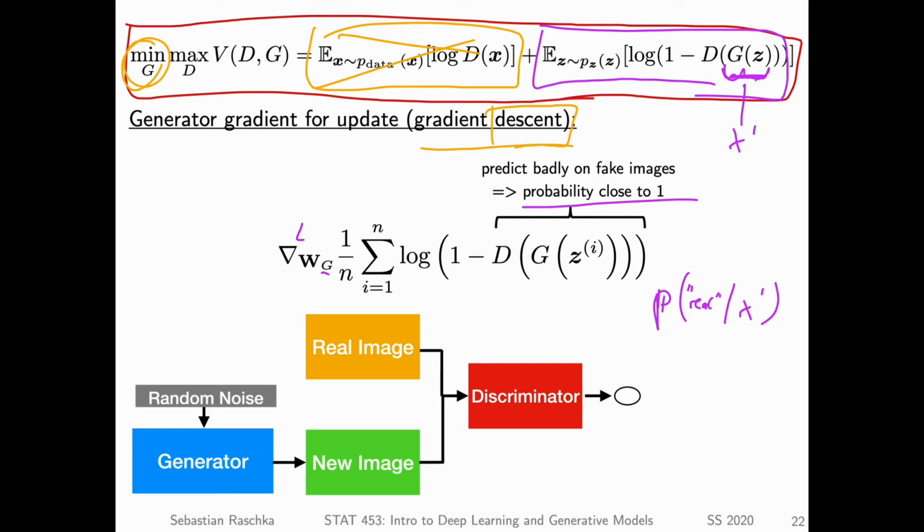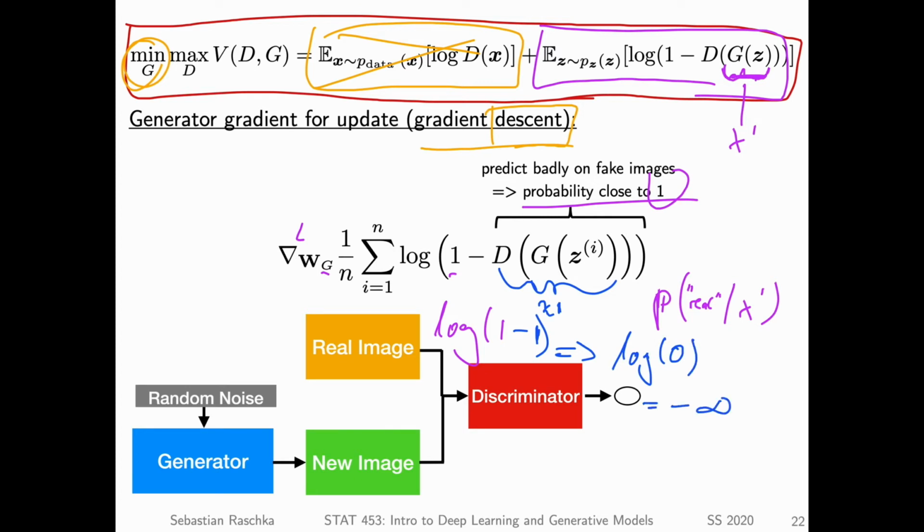And so what happens if we put a probability close to 1 as the output of the discriminator? So if we make the discriminator learn how to output high probability scores, let's just plug in the numbers. So we have again a log, and then this 1 here, and then say minus, and then we want the whole discriminator to output a value close to 1. So let's assume it's 1. What happens is that we have a log of 0 here, and the log of 0 is of course minus infinity.